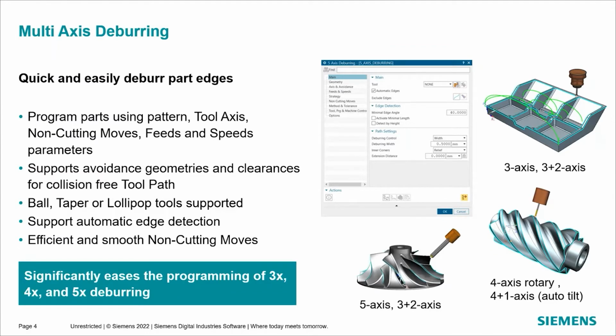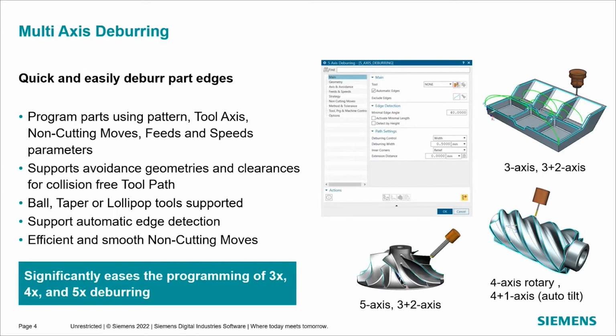All these operations use ball or spherical end mills to deburr edges of your part. Automatic tool tilt ensures tool orientation is safe and smooth, and you use 5-axis deburring to deburr edges and transition simultaneously in 5-axis.